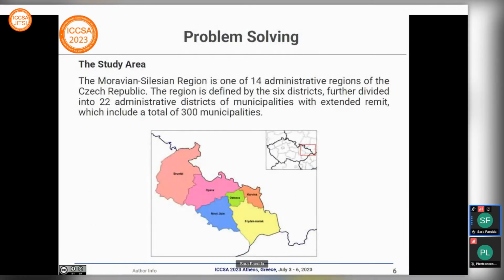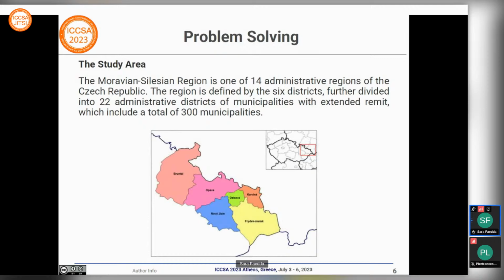So to explain which area was chosen, you can see on the map. In the corner is the whole Czech Republic, and the Silesian region is there.